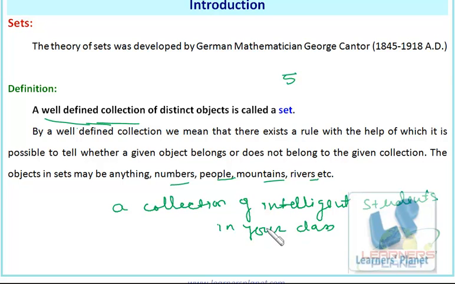Right, now what is happening over here? What is the criteria for intelligence that you have not set over here? So it is not a meaningful collection, or we can say a well-defined collection of students, right? So it cannot be called a set.